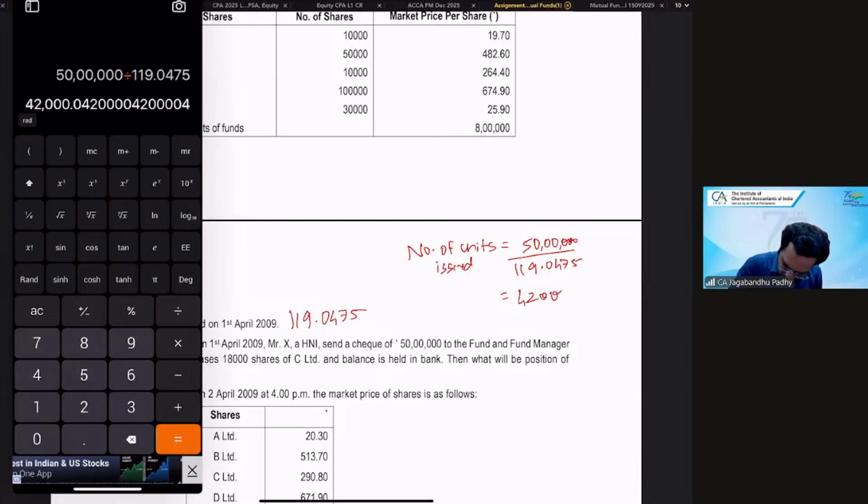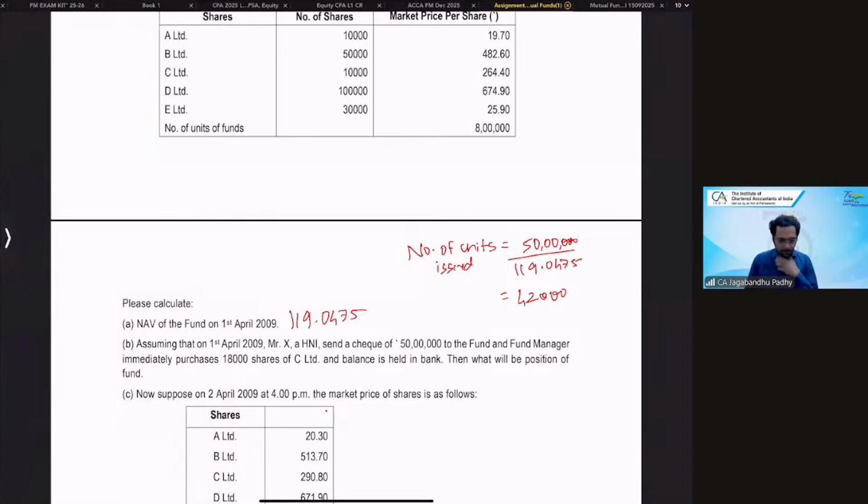So exact 42,000 you can take. Okay, number of units issued is this much.